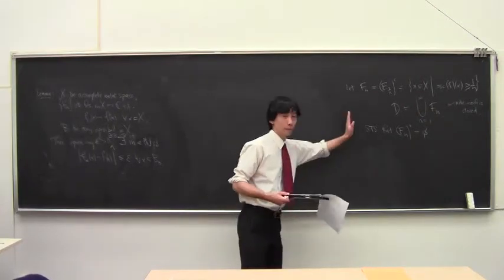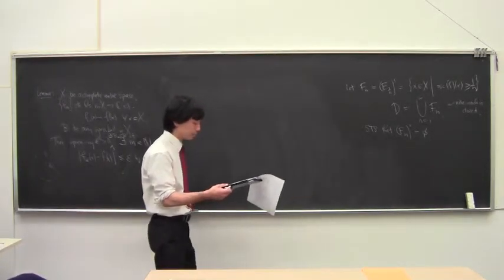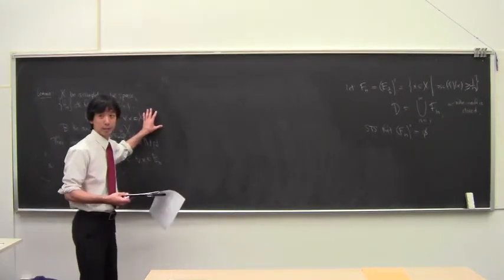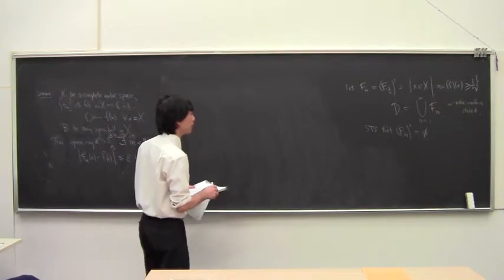No, actually, let me complete the argument, and then we'll prove the lemma afterwards. I think that'll be easy to follow. Okay. So suppose we've proved this lemma already. We will in a moment.